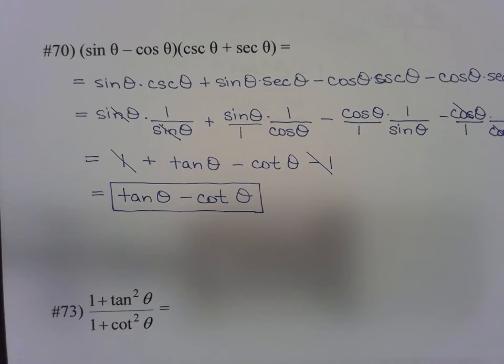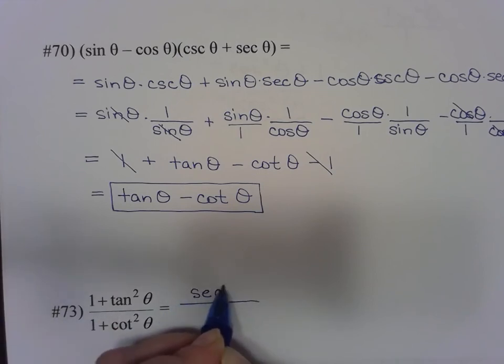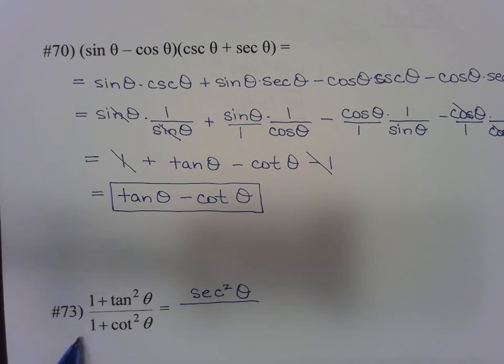This really makes me think of the Pythagorean identities. So if you flip back to those, we had 1 plus the tangent squared of theta was equal to secant squared of theta. And 1 plus the cotangent squared of theta was equal to the cosecant squared of theta.